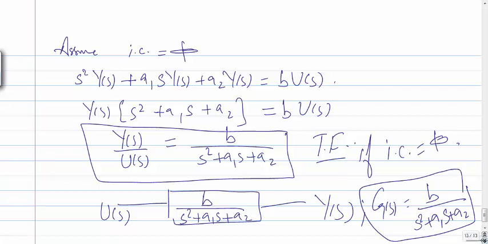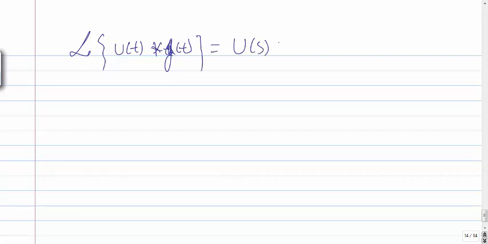What we did here is take the Laplace of the convolution of u and g of t, which is equal to U of s G of s. So this is the way we can use Laplace to find the solution of differential equations.